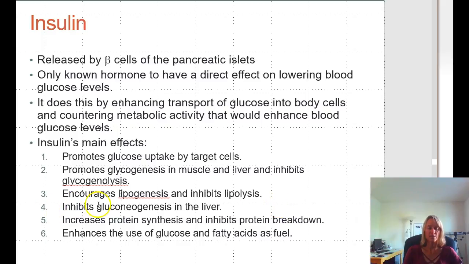It inhibits gluconeogenesis in the liver. It acts to increase protein synthesis and inhibits protein breakdown. And it enhances the use of glucose and fatty acids for fuel. So we think of this as an anabolic hormone in that it's released after eating and enhances uptake and storage of excess fuels.